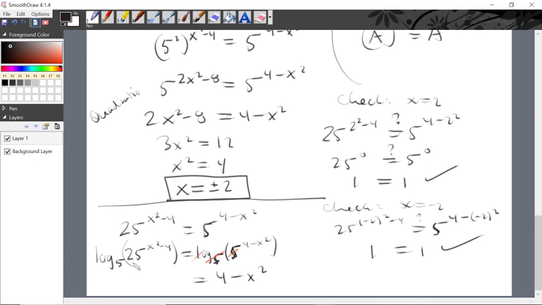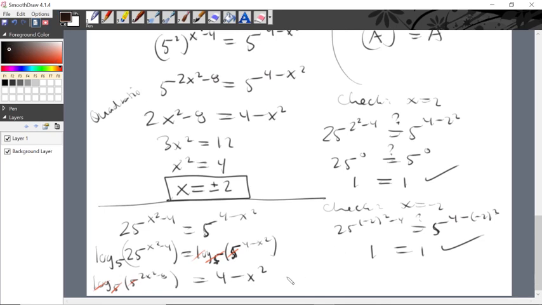One way to simplify that would be what I suggested above, which is to convert the 25 into a base 5 number. So we get log base 5 of 5 to the power of 2x squared minus 8. Once we rewrite it that way, we get to use that same property of logarithms that allows us to cancel here. And we'd be left with 2x squared minus 8 equals 4 minus x squared.